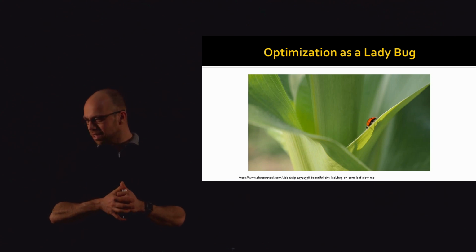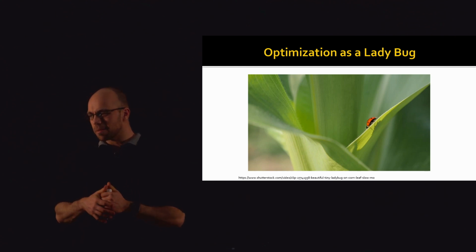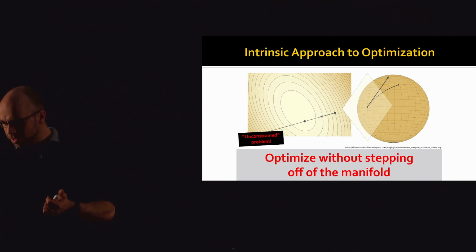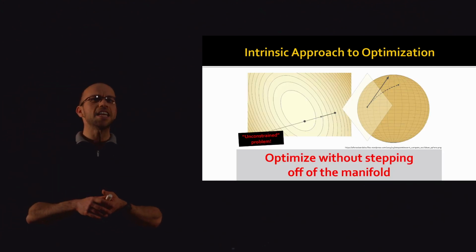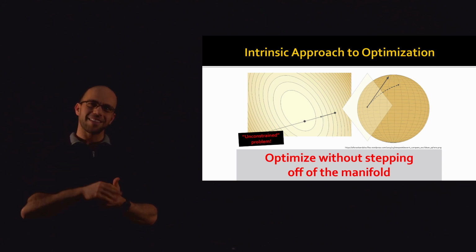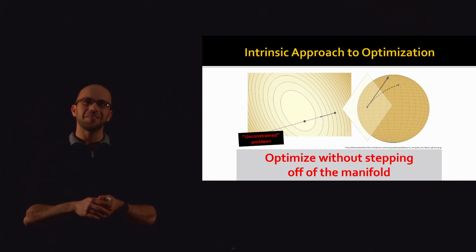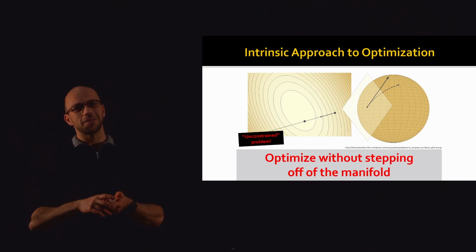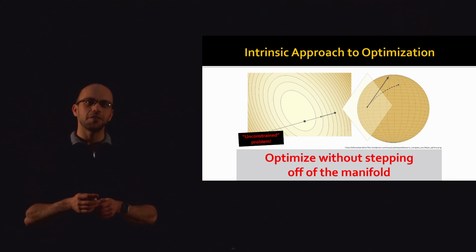And essentially, our optimization techniques that we'll talk about today follow a very similar strategy, where what we're going to do is to find an intrinsic approach to optimization, which instead of moving along straight lines the same way that we might do in gradient descent, right? Gradient descent just hops some finite amount along a gradient vector. We're instead going to take curved paths.